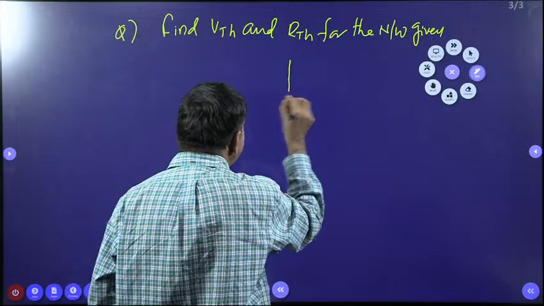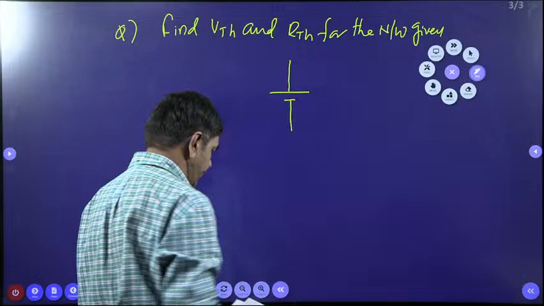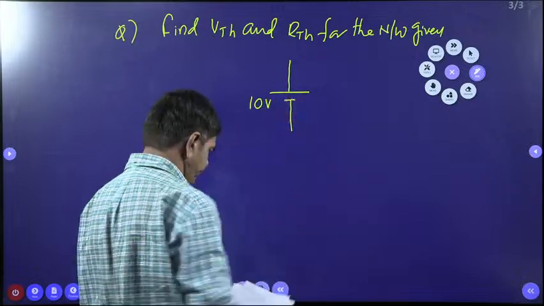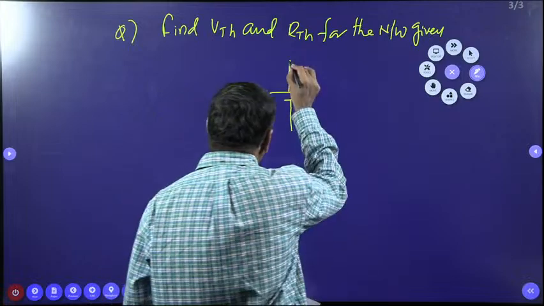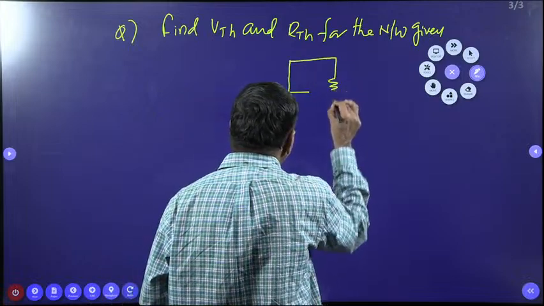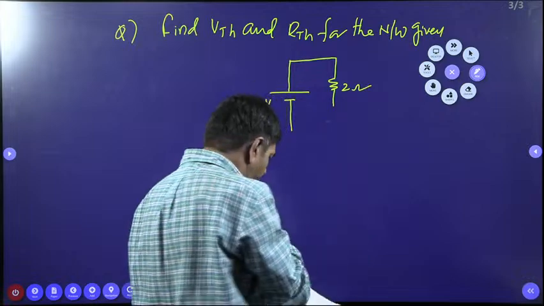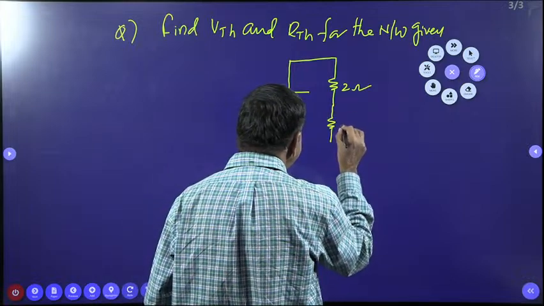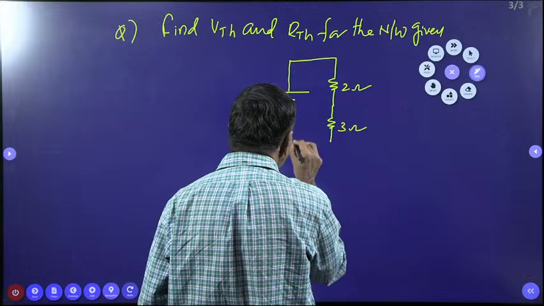There is a battery, an independent source, given here. This is given with 10 volts. Here one 2 ohm resistor is given. One 3 ohm resistor is also given here. This is a 3 ohm resistor.